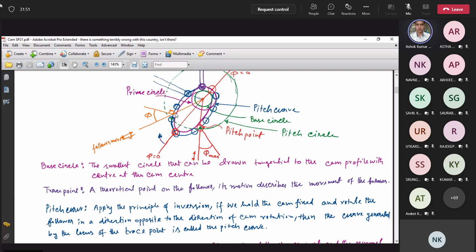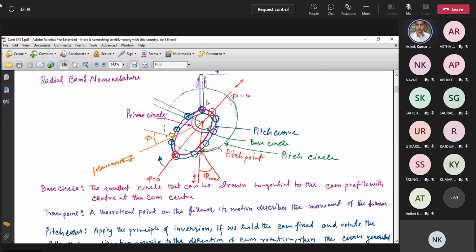That means if you join the trace point here and the center and extend that line, this line is the follower motion, the movement of the follower. In this case, this is the trace point and this is the center. If you join and extend, this is the line of motion of the follower. For another case, suppose you take this point and join it with the center and extend it, this is the line of movement of the follower. Similarly, we did it here.